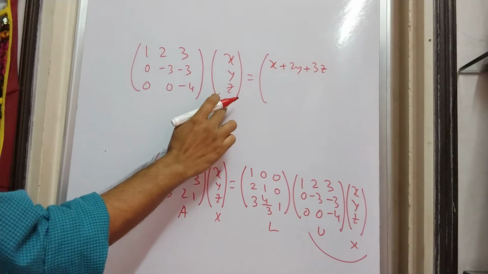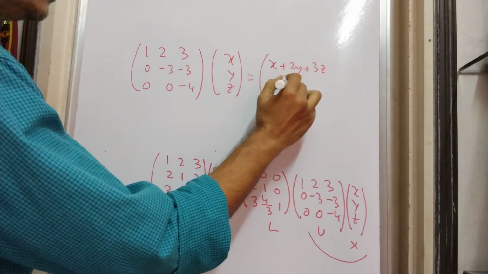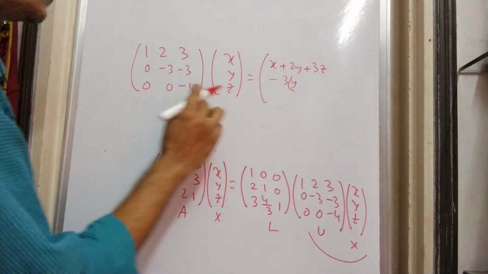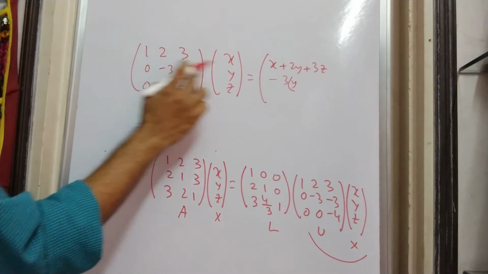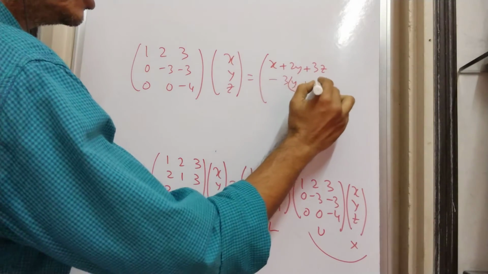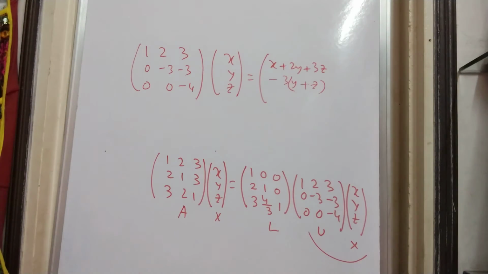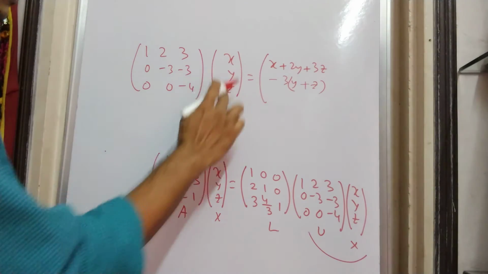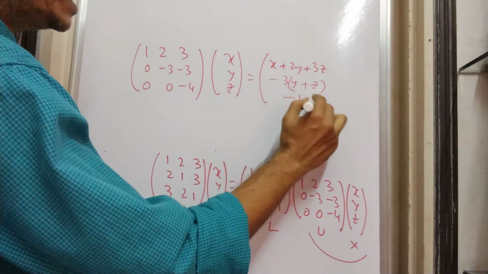When you multiply this with this, then we have minus 3y, 0 into x is 0, minus 3y minus 3z. So we take the minus 3 common and write it like this, and xyz into this gives us minus 4z.